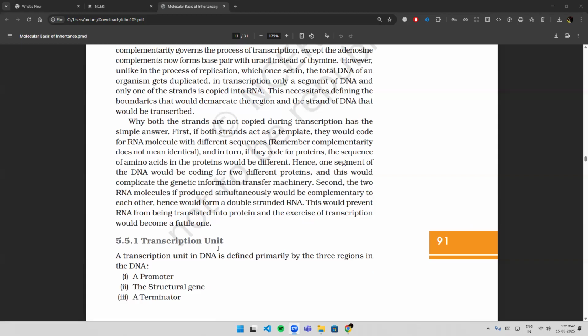Hence, one segment of the DNA would be coding for two different proteins, and this would complicate the genetic information transfer machinery. Second, the two RNA molecules, if produced simultaneously, would be complementary to each other and hence would form a double-stranded RNA. This would prevent RNA from being translated into protein, and the exercise of transcription would become a futile one.